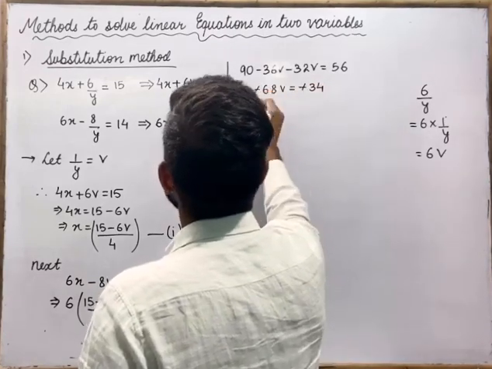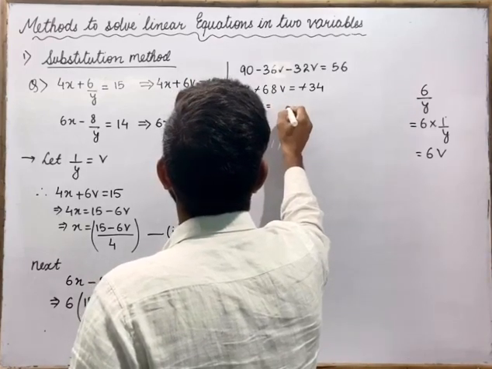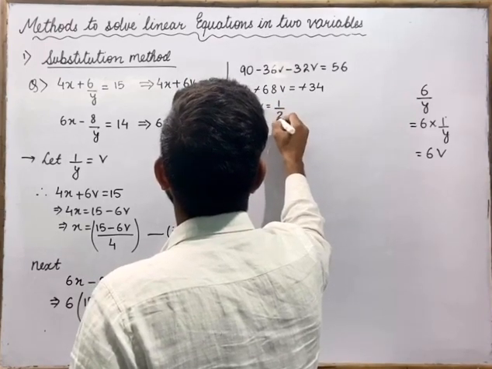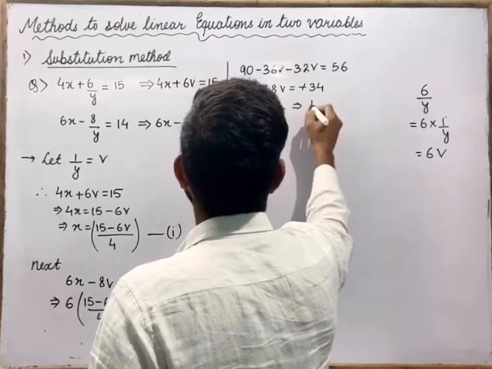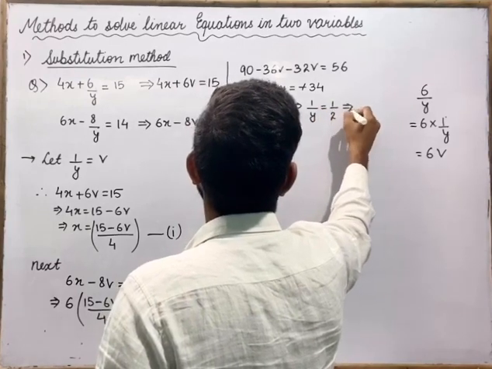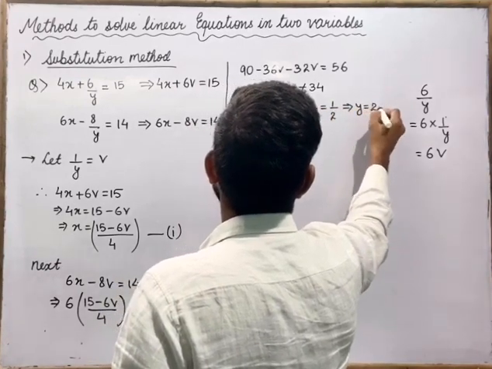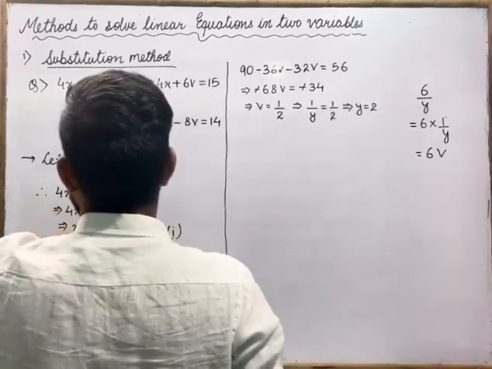Minus and minus get cancelled. v equals 34 by 68, that is 1 by 2. So you know that v was equal to 1 by y. So 1 by y equals 1 by 2. Therefore y equals 2. We have got the value of y. Now x.